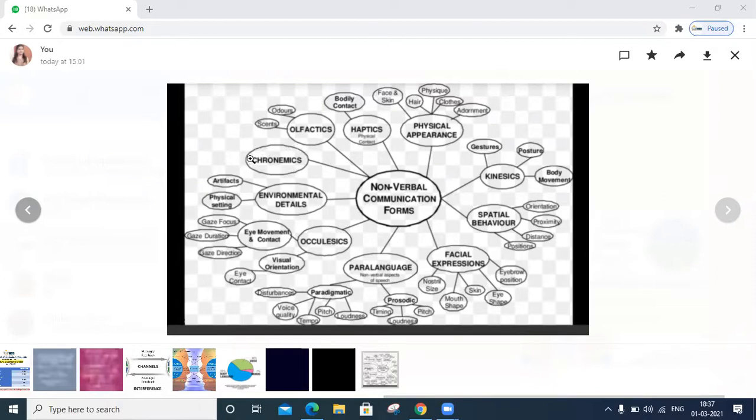Please note down this word. Chronemics is very important when we talk about non-verbal technique.